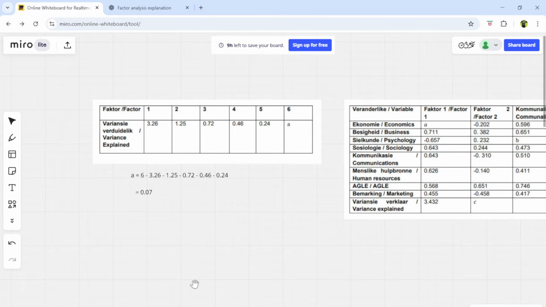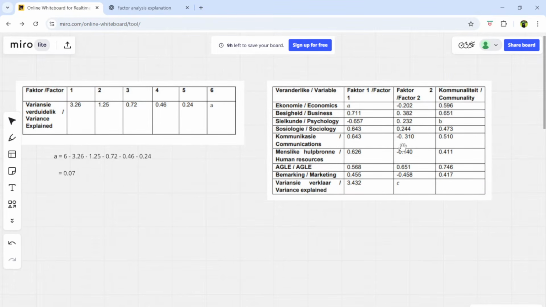And then sometimes they will not give it to you like this. They will give it to you like this, whereby we have the variables, and then we have the variance explained. They give you the factors, and they give you these numbers in between that we call the factor loadings.